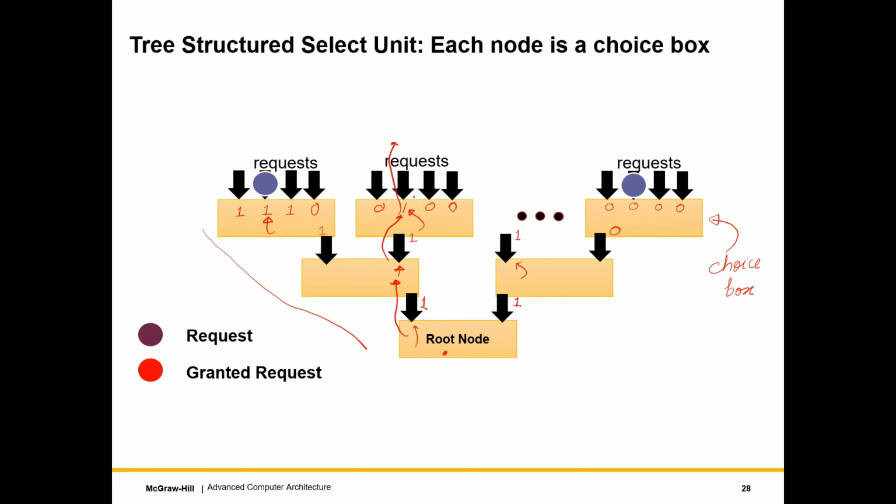What we are essentially doing is aggregating the choices in a tree structured fashion. This entire thing is happening in hardware. Whoever thought that trees, linked lists and queues are concepts that are only used in software data structures is totally wrong. You can clearly see an example here where a tree is implemented in hardware.